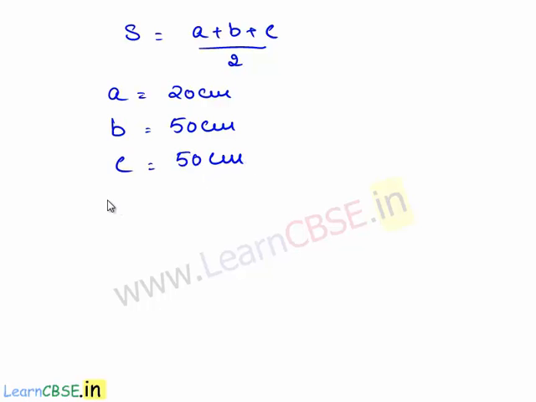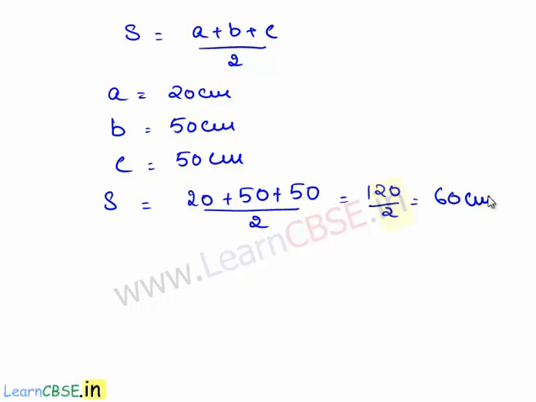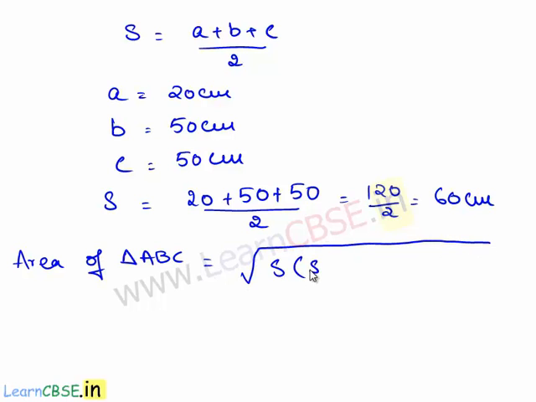Now let us find the semiperimeter, which is a plus b plus c divided by 2. So which is 120 divided by 2, that is 60 centimeters. Now we shall substitute the value of s in the formula for the area of triangle ABC, that is square root of s times s minus a times s minus b times s minus c.